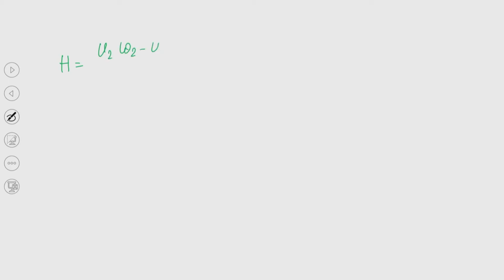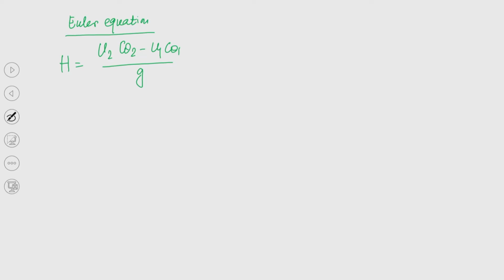u2 c theta 2 by g. So, this is the Euler equation, right.